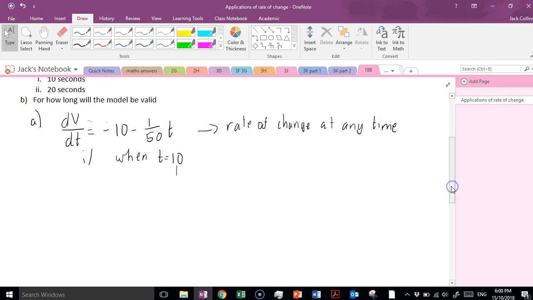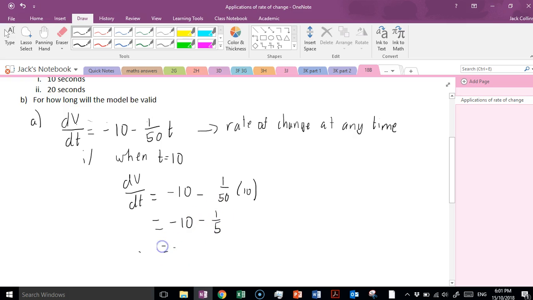Part i is when t equals 10, what is the rate of change? All you need to do is substitute in t equals 10. So the rate of change, dV on dt, is equal to negative 10 minus 1 on 50 times 10, which is negative 10 minus 10 on 50, which is 1/5.